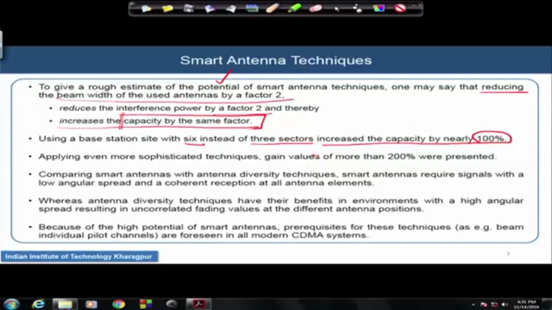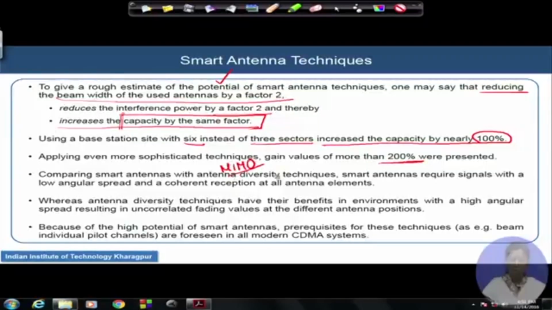And applying even more sophisticated techniques, this gain value that we are seeing can actually be increased even further, by 200%.